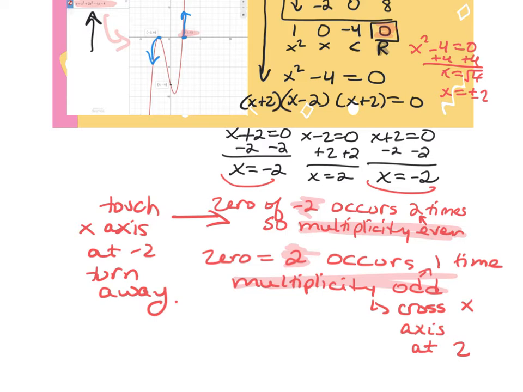I'm just explaining why we're identifying even and odd multiplicity, because when it's odd, it crosses it, but when it's an even multiplicity, when you have the 0 occur more than once, it's going to touch and turn away. Is that why on the Desmos graph at 2 it just crosses and it doesn't go up and down? Okay.